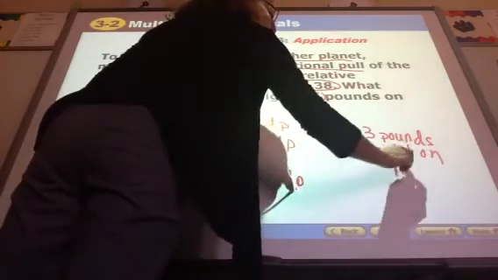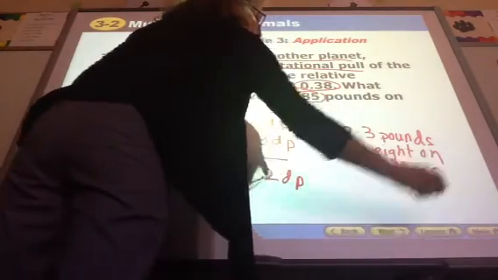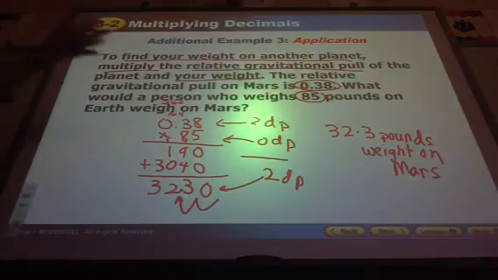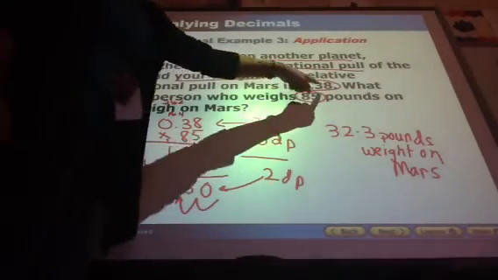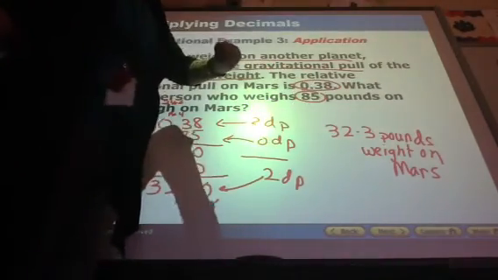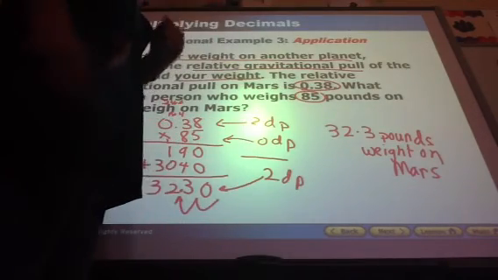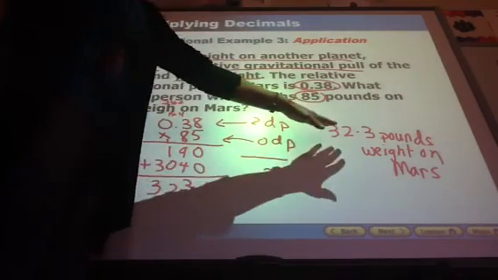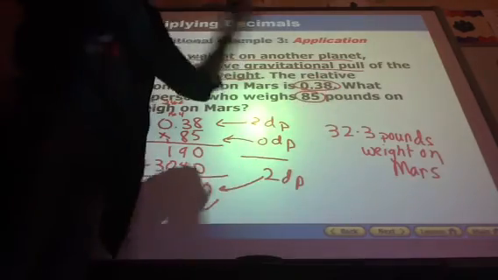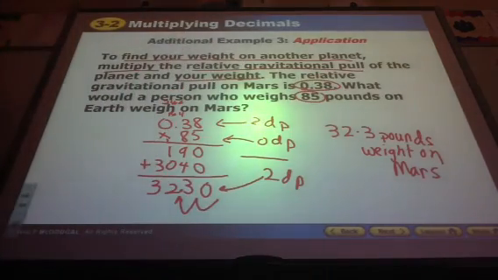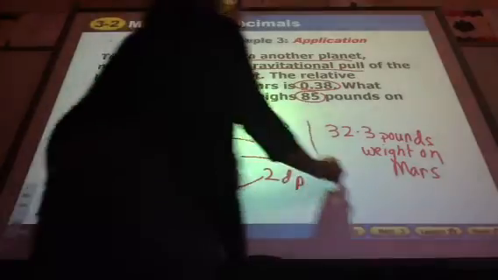Alrighty. And we could estimate that real quick and just say that's close to 0.5, a half, and half of 85 pounds is about 40 something, so that's a little less than half, so that should be a little less. That's good. So that would be our final answer.